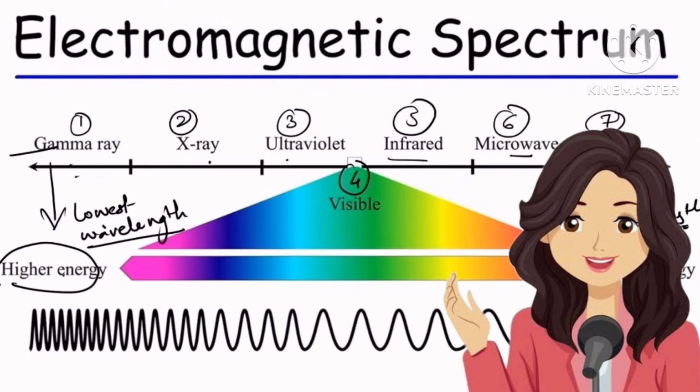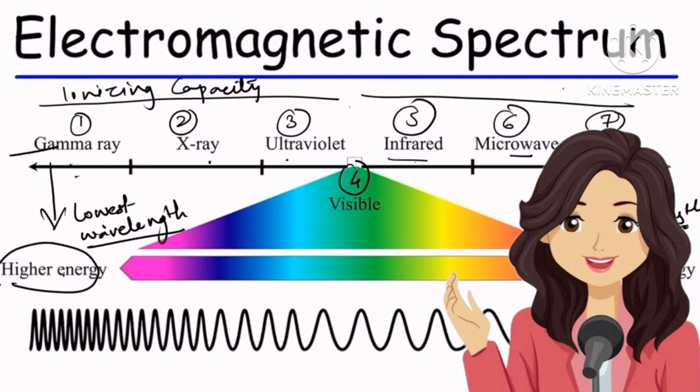I am giving importance to ionization because this process is important when we study radiation biology, the effect of radiation on living tissues. So gamma rays, X-rays, and UV rays have this ionizing capacity, whereas visible light, infrared, microwaves, radio waves are not capable of ionizing.